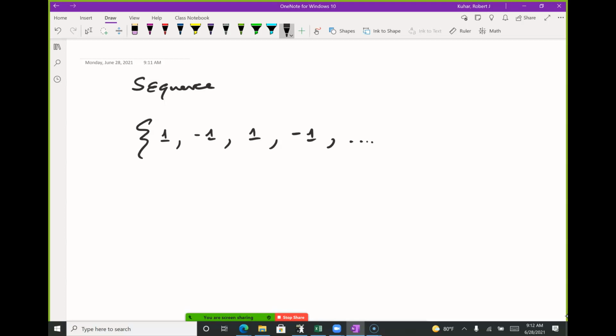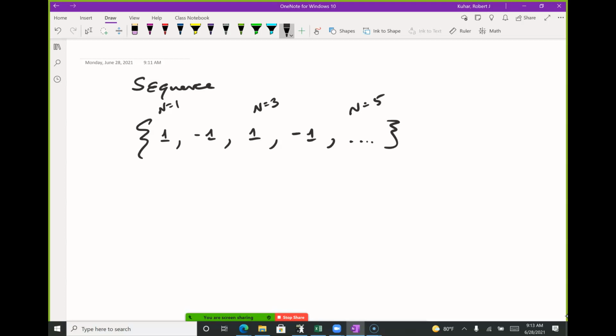So this is a particular sequence that shows up a lot. I want to generate a positive one when my integers are odd, and a negative one when my integers are even. If I think about this, n is 1, n is 3, n is 5, I'm getting positives from the odd numbers.